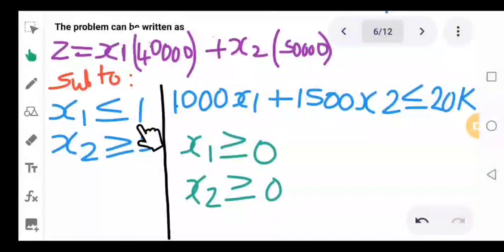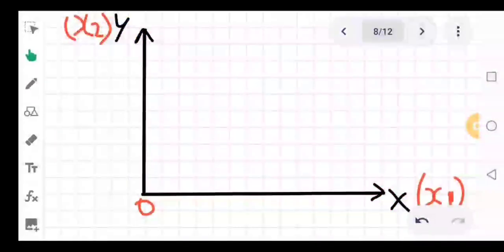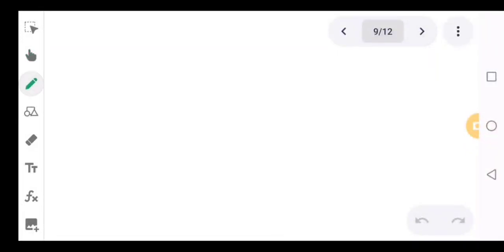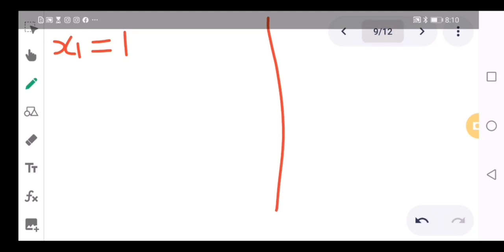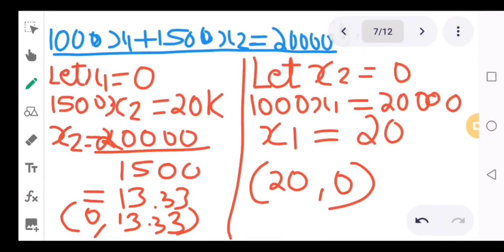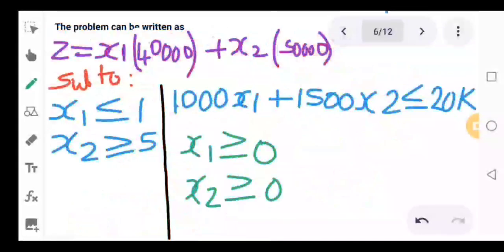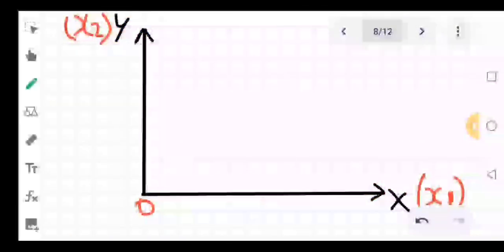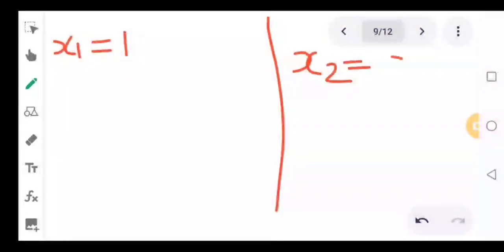The second constraint is x1 is equal to 1. The next thing is x2 is equal to 5.